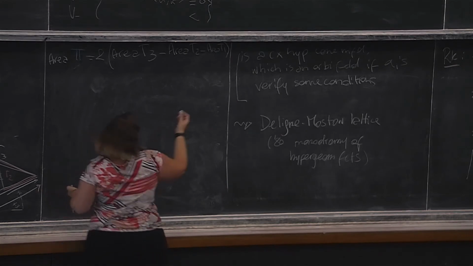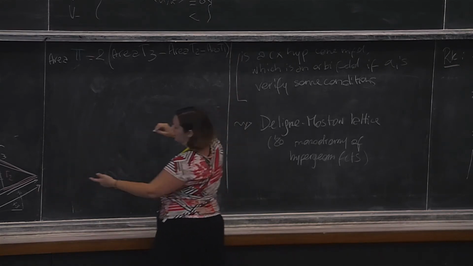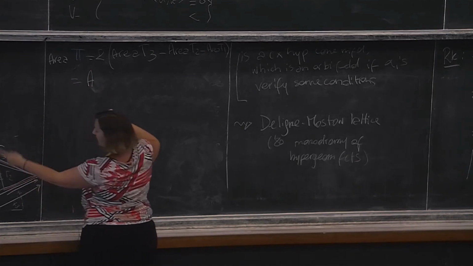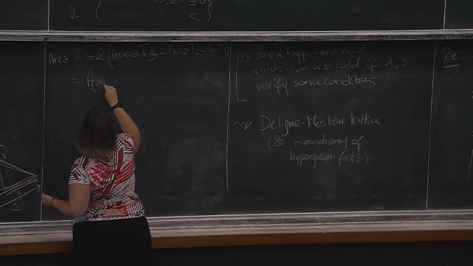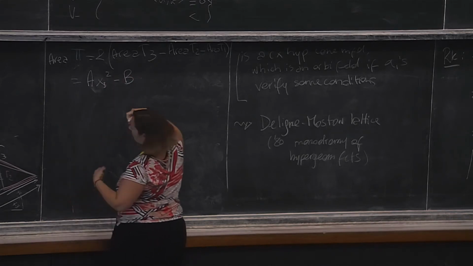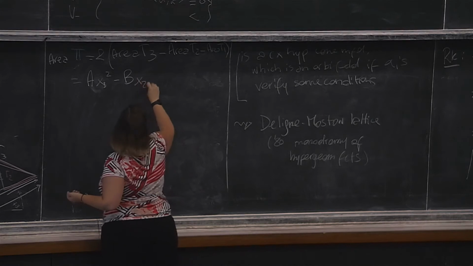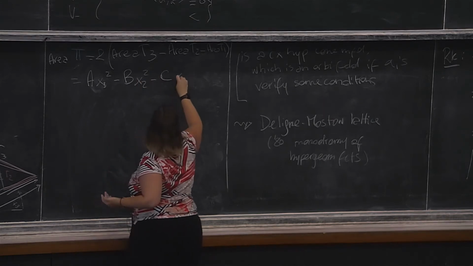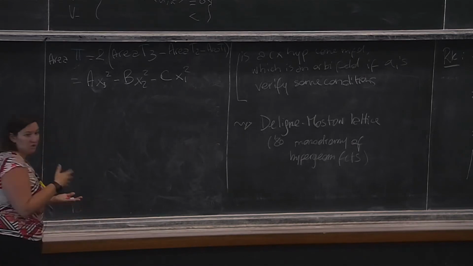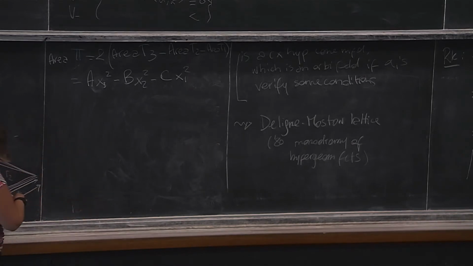And those areas can be given in terms of our coordinates as a certain constant that depends on the angles times x3 squared, minus another constant that depends on the angles again, x2 squared, minus c times x1 squared, which starts to look familiar, looks promising.